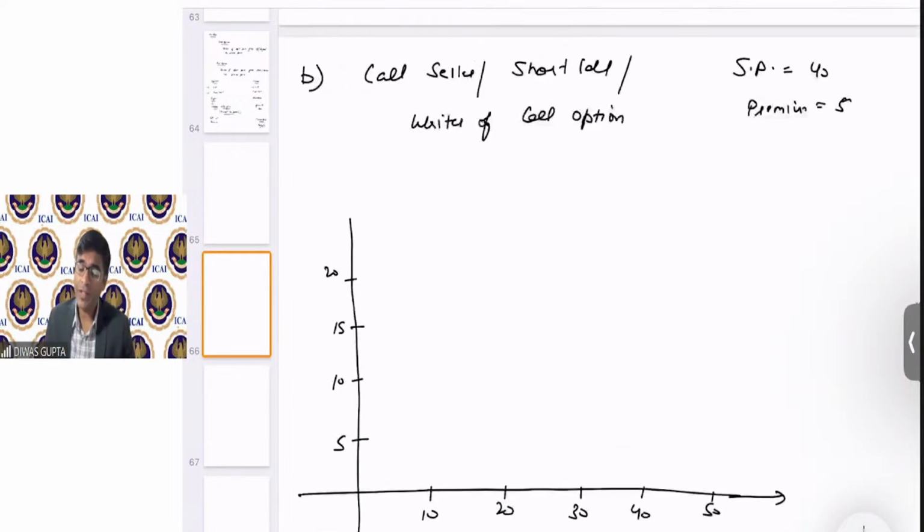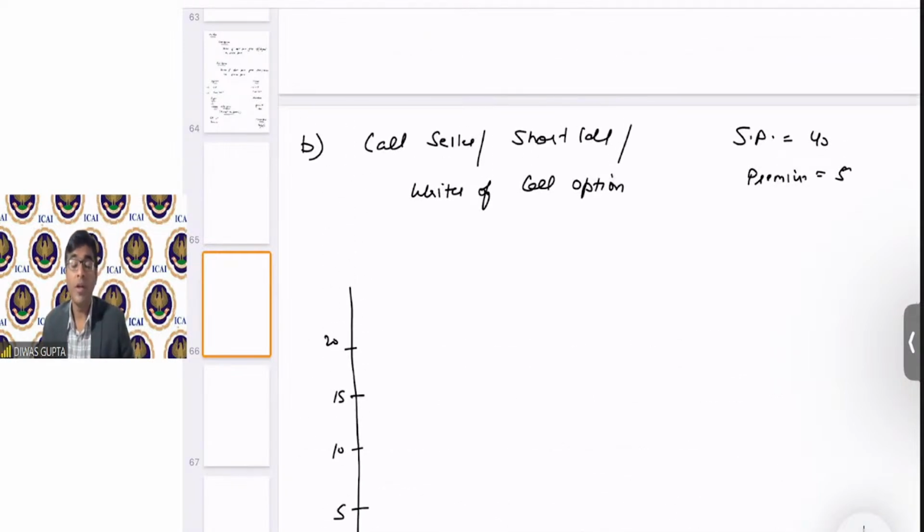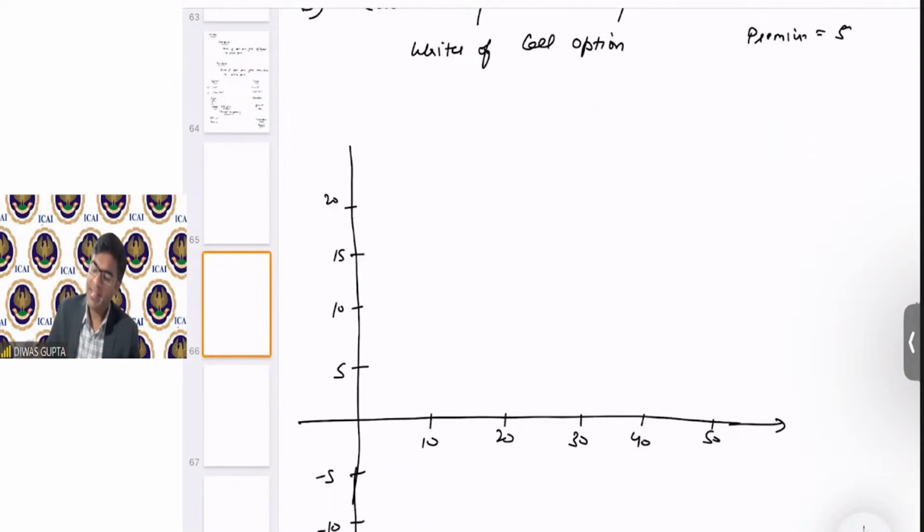Now, students, if you see, we are talking from the point of view of the call seller, who is the writer of the call option. So till the time the price is up to 45, there will be a gain to the writer because there is effectively no higher payout than the premium that he or she has received, correct?